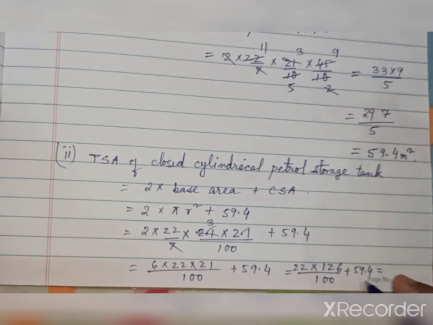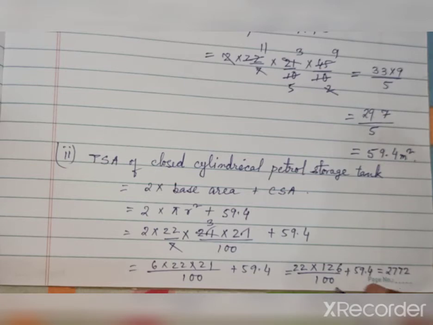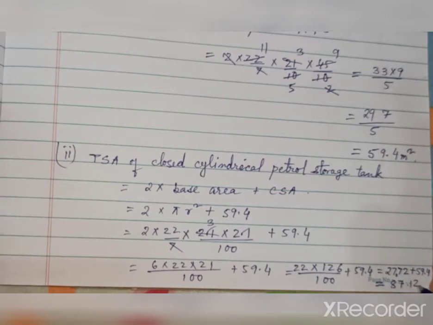Just multiply them, so 2772 upon 100, so 27.72 plus 59.4, and if we add them, then we are getting 87.12 meter square. That is the total surface area of the cylindrical tank.